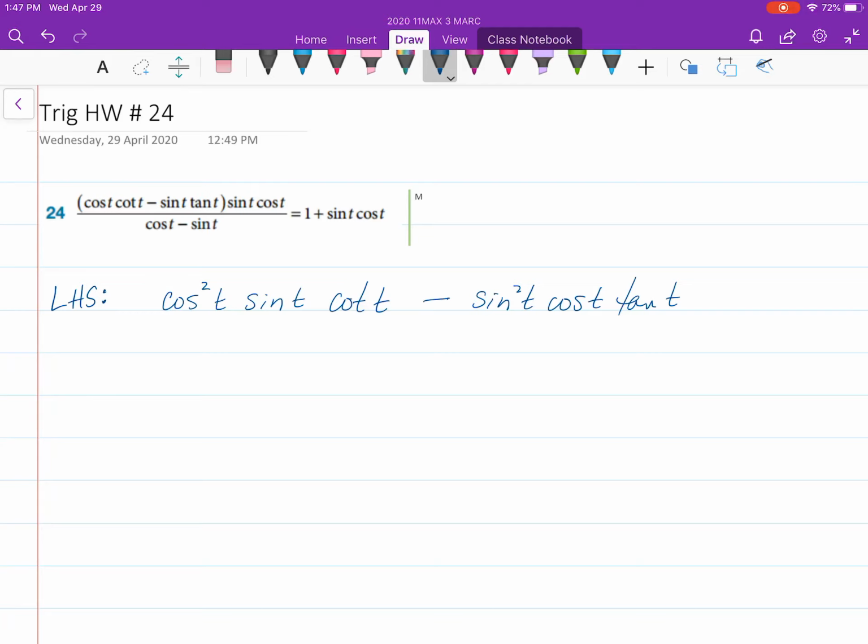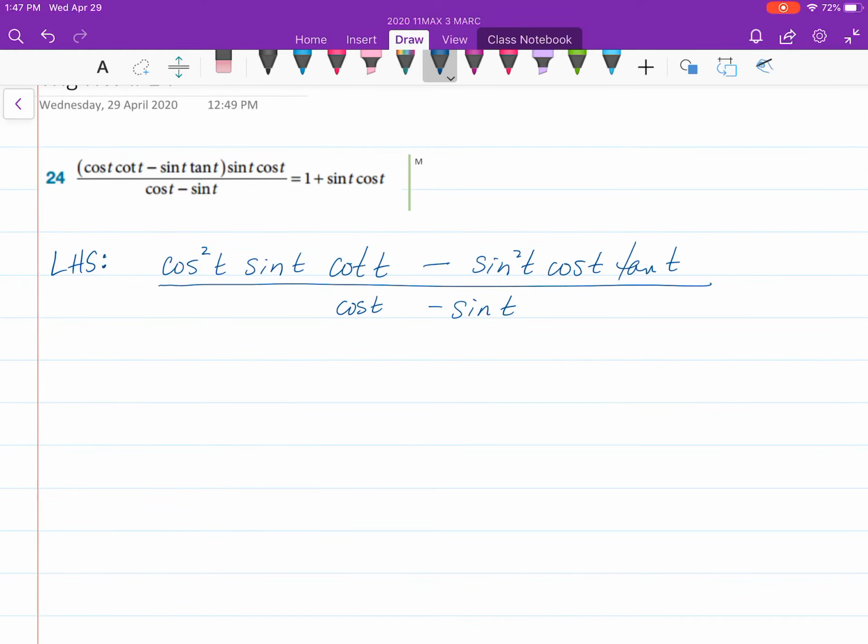Again, it doesn't matter what order the cosine squared times sine times cotangent is in, other than they're just all multiplied. So nothing really to simplify there, other than now I'm forced to address the cotangent and the tangent, which is partly why I put it last in the two multiplications.